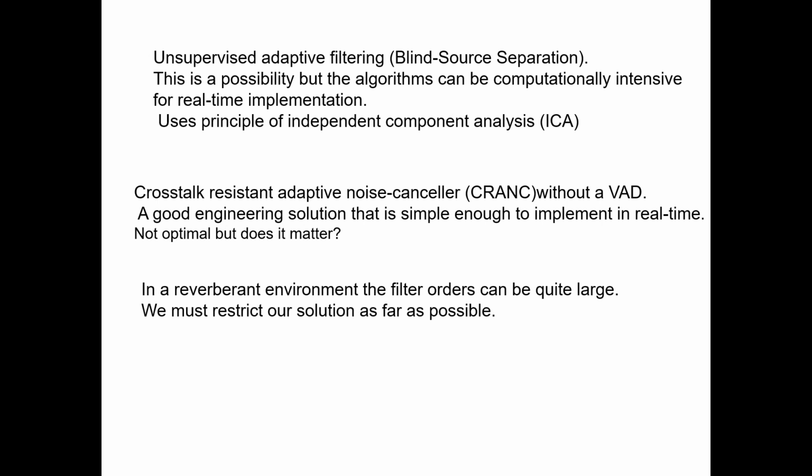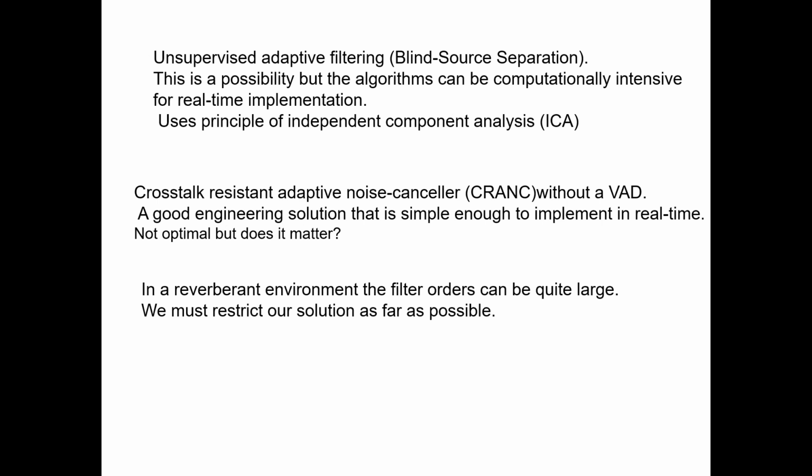What I'm using is a method that I think goes back to the late 70s: a crosstalk resistance adaptive noise canceller without a voice activity detector. It uses cross-coupled least mean squares algorithms. Why was I doing that? Because it's simple to implement.